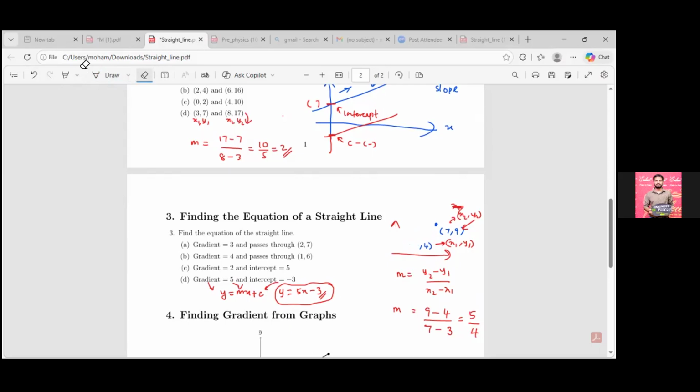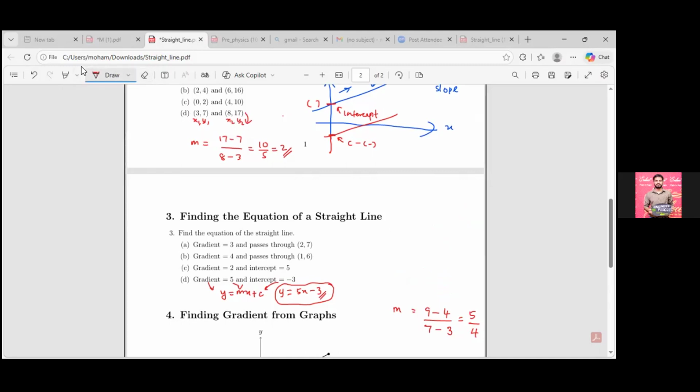And let's say they have given the gradient and also a point through which the straight line passes. When they have given something like that, for any straight line the equation is y equals mx plus c. Now they have given the gradient.